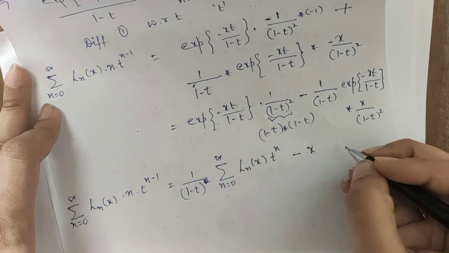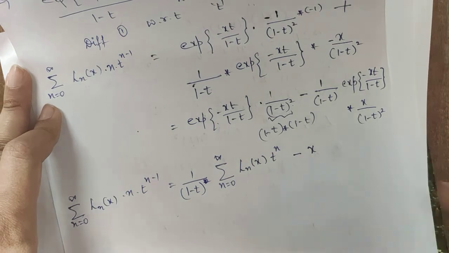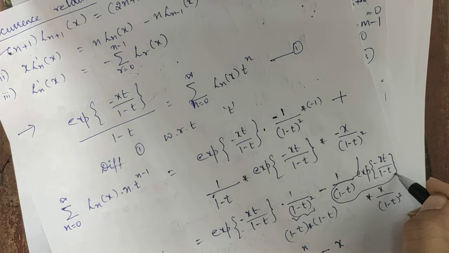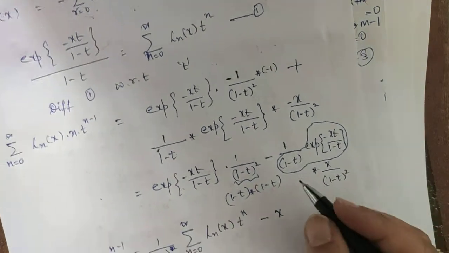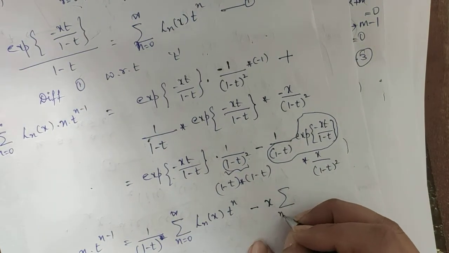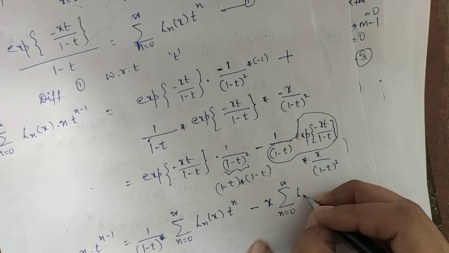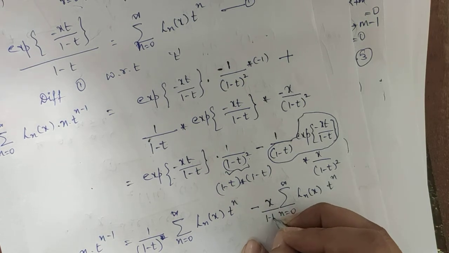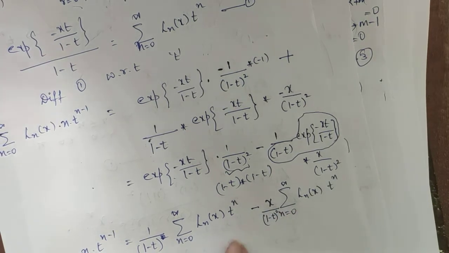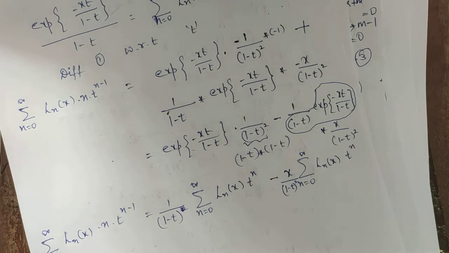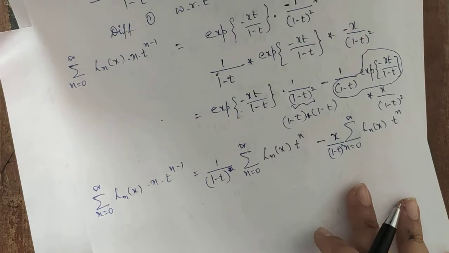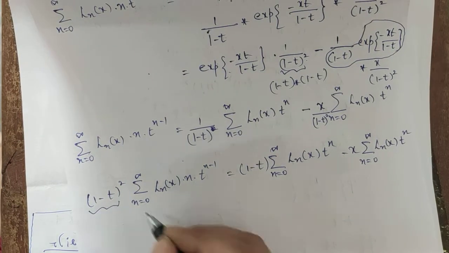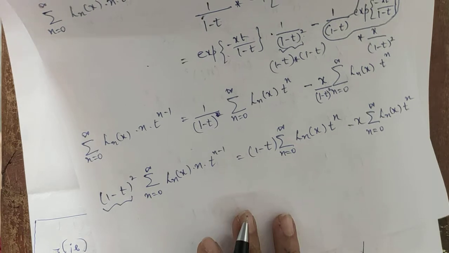Similarly minus x into, I will consider this part. So minus x into summation n equals 0 to infinity L_n of x into t power n divided by 1 minus t whole square, right? Let's simplify this even more. Now apply a minus b whole square here.